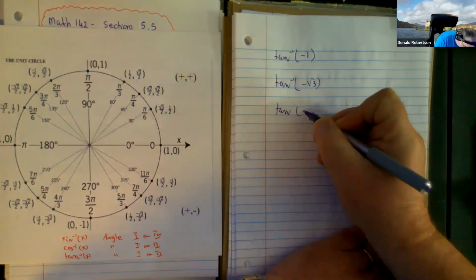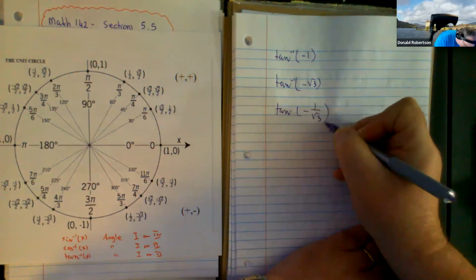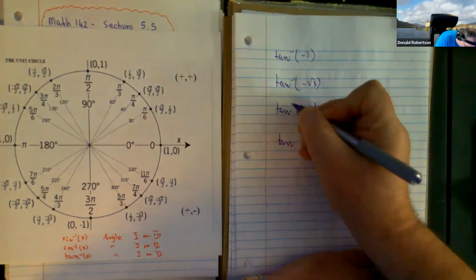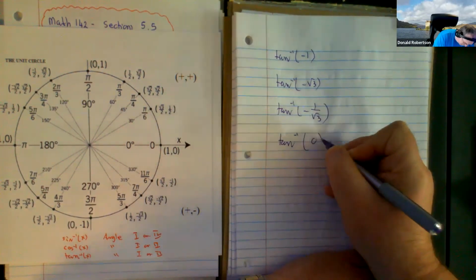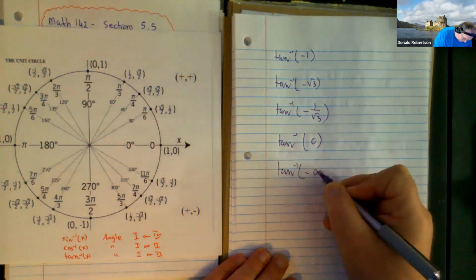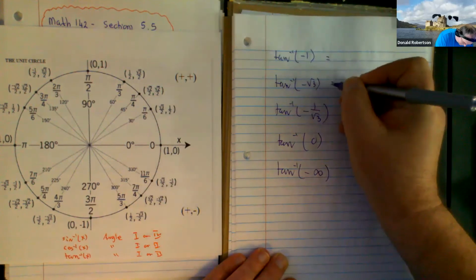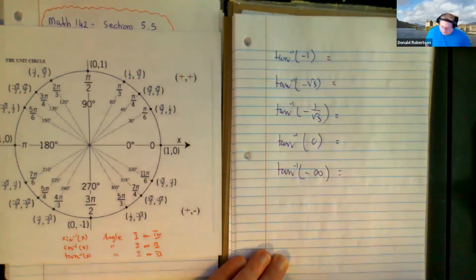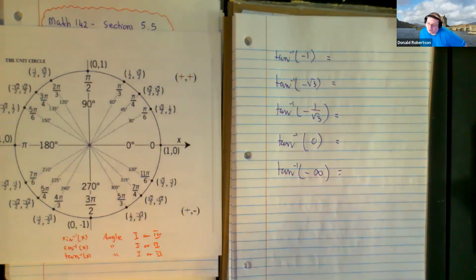What angle has an inverse tangent of that guy? What angle has an inverse tangent of 0? And finally, what angle has an inverse tangent of -infinity? And actually, once we do these 5, haven't we done every single question you could ever be asked? Because that's the only ones that exist on a unit circle.